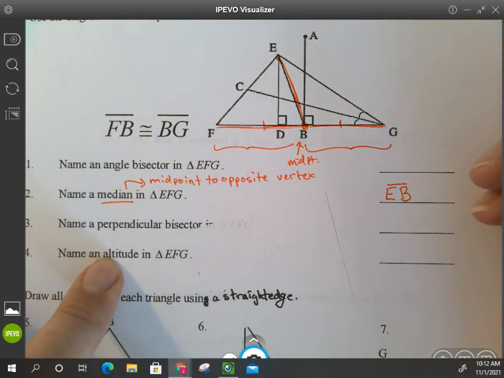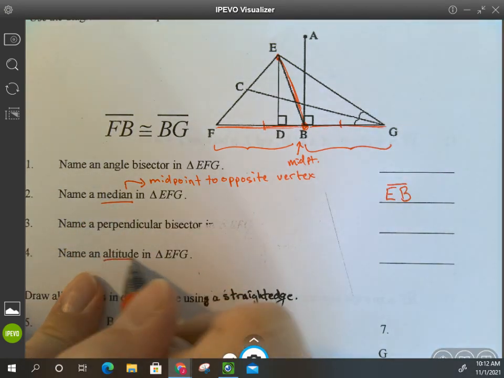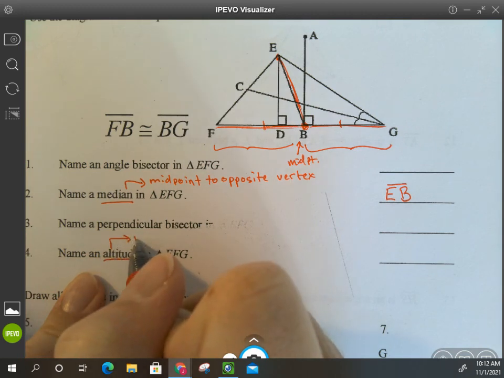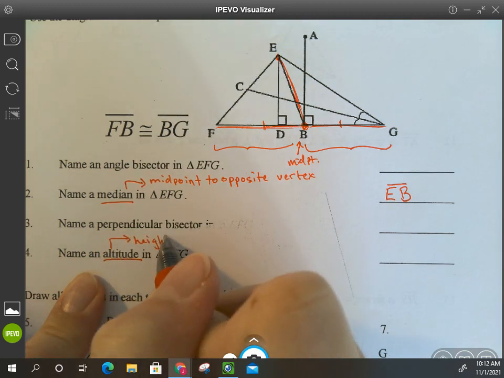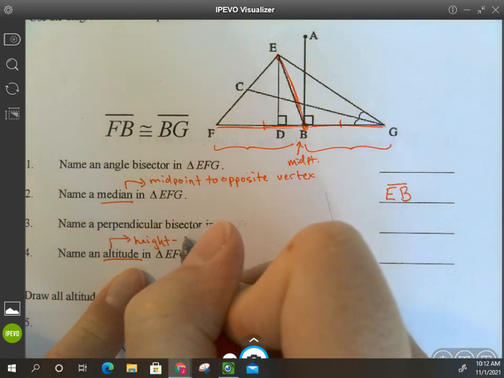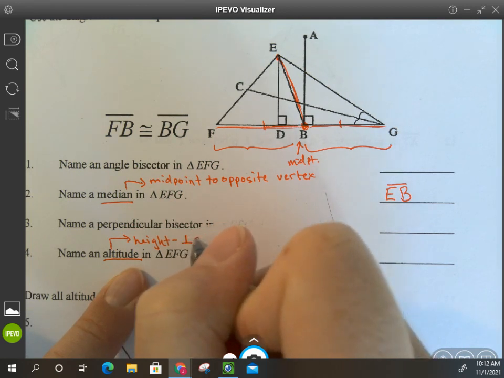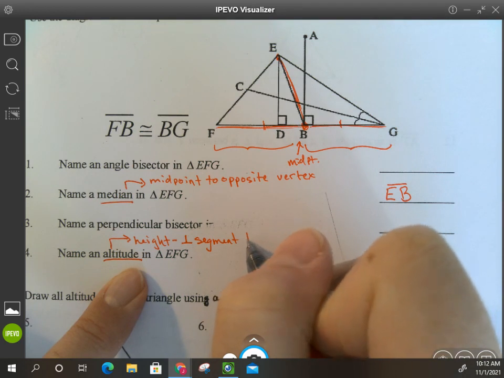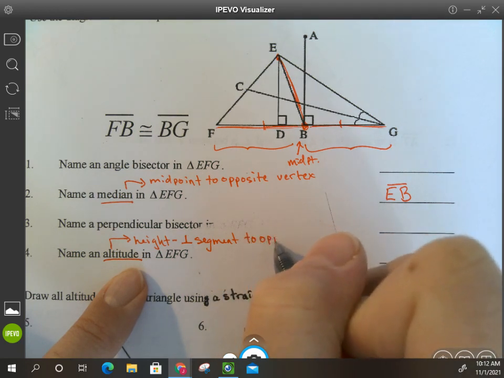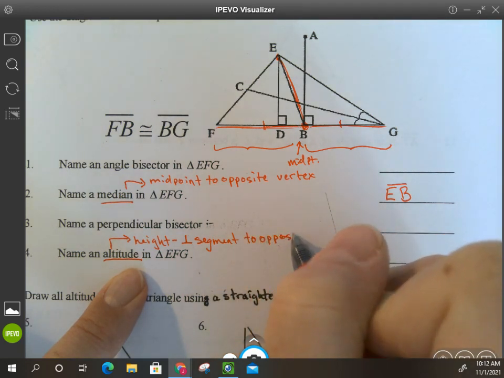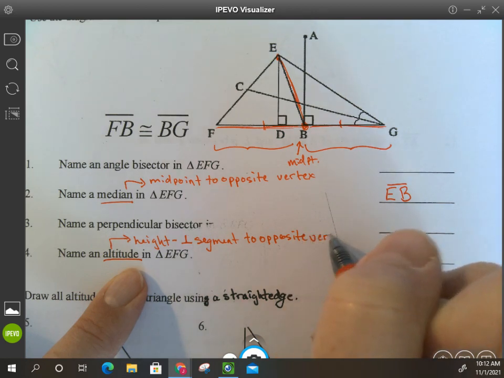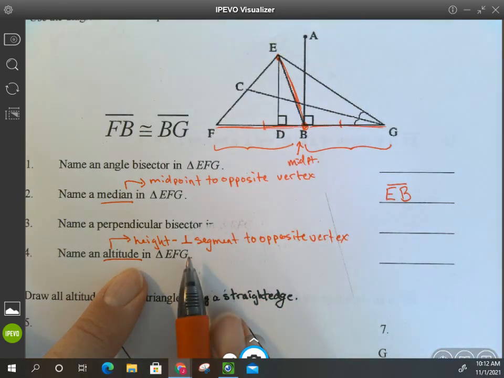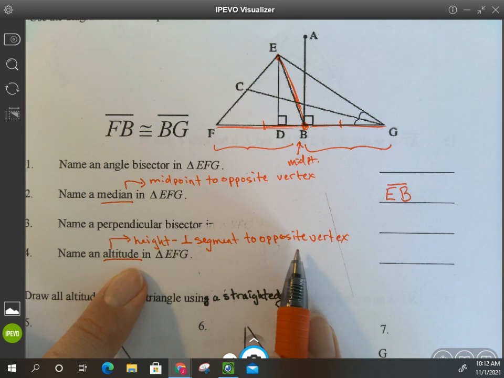Now, the other big thing we're focusing on today is altitudes. The altitude is the height. When you're looking for an altitude, it is a perpendicular segment to the opposite vertex.